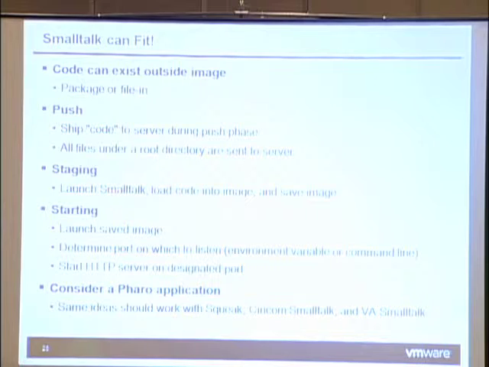So the staging process is: launch Smalltalk, load the code in, save a new copy of the image, and put that copy of the saved image into a directory. Then each time you start up a new instance, copy out that saved image into a new directory in the droplet environment and launch the saved image.